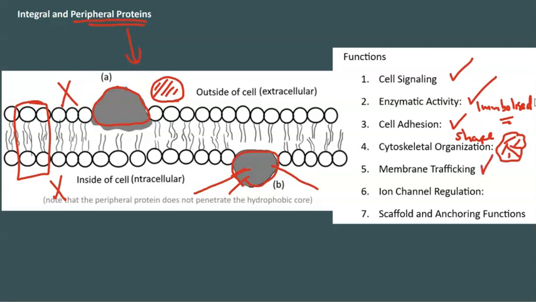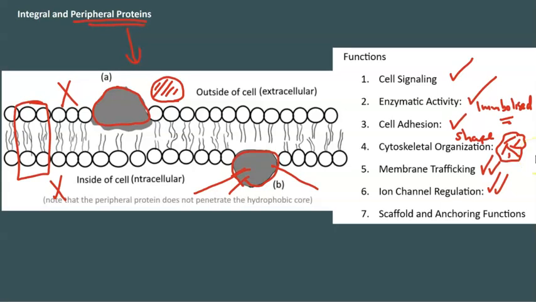Membrane trafficking relates to the idea of playing a role in molecules being able to go across the membrane, although not directly participating in that. Examples in the course as well. Ion channel regulation is another feature of this, so that where we do have integral proteins, we'll look at that in a moment, they need to interact with peripheral proteins for their regulation.